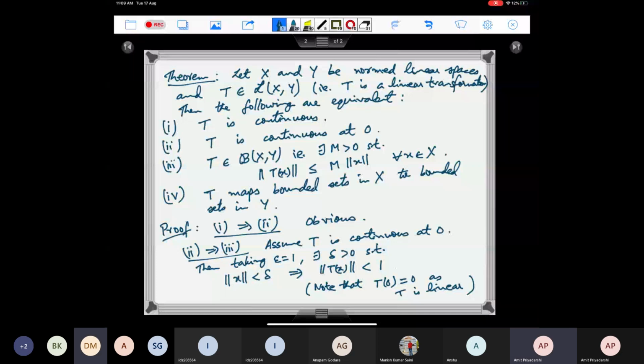Choose M equal to 1 over delta; 2 over delta will also work.